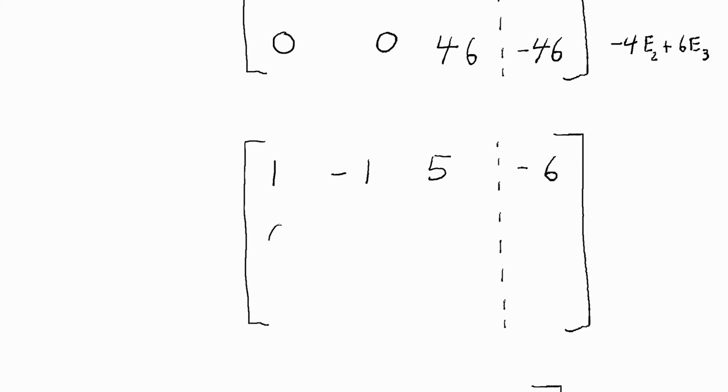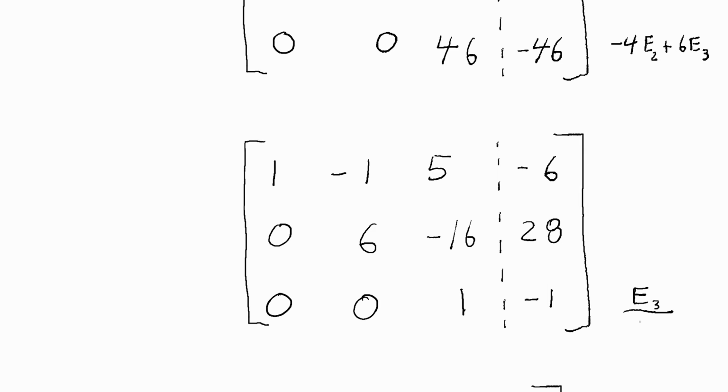Okay, so here I go. 0, 6, minus 16, 28, and then finally I just get 0, 0, 1, minus 1, and that's obtained by replacing row 3 by the previous row 3 divided by 46.